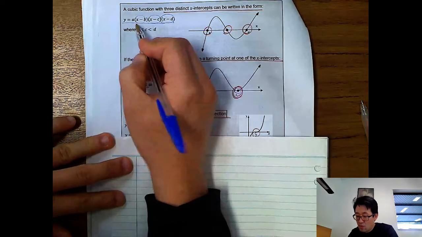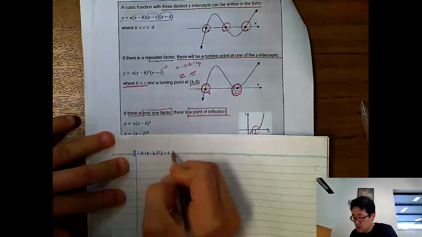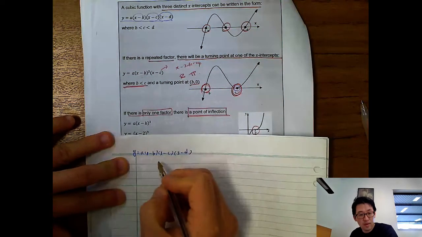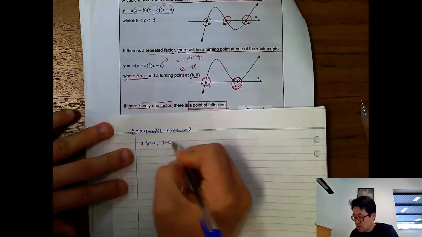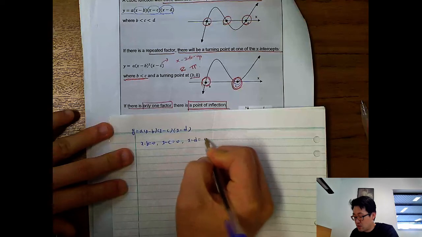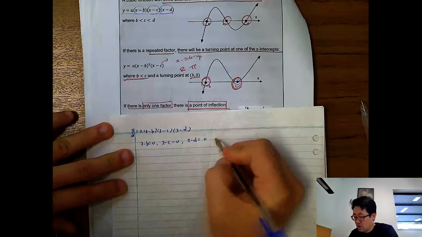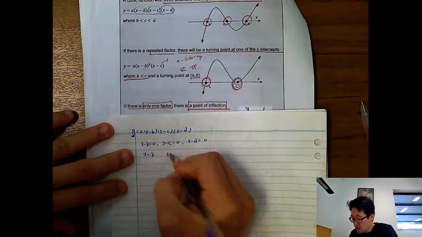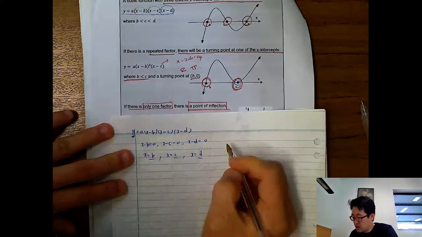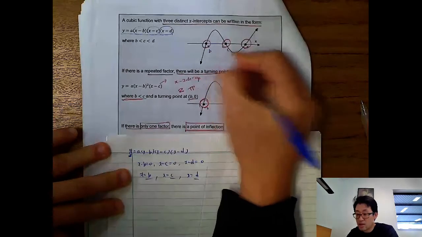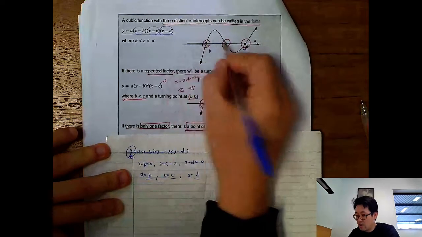So y equals a, x minus b, x minus c, x minus d. x minus b equals 0, x minus c equals 0, x minus d equals 0 can make y equals 0, which means x equals b, x equals c, x equals d. When x equals b, c, d, we have y equals 0.